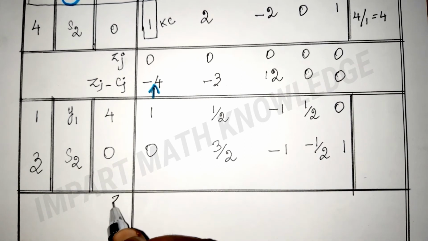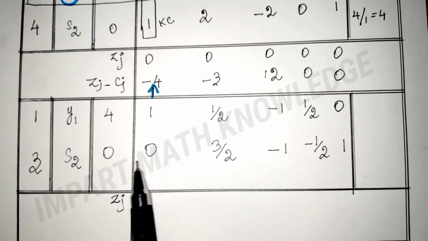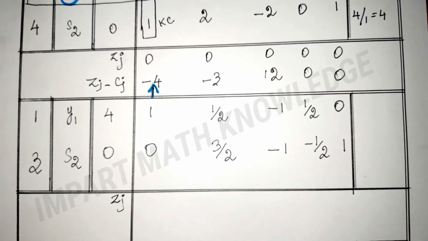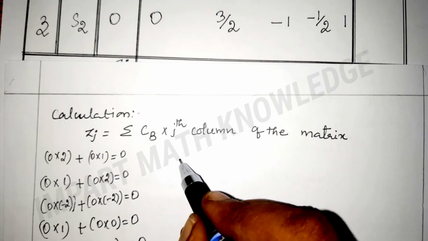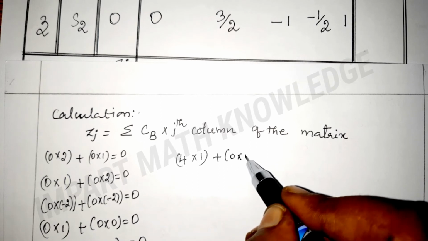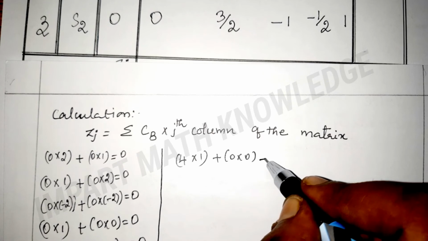Now we move on to Zj. Zj is nothing but 4 into 1 plus 0 into 0. Like that you have to find all the values. Let me write Zj value: 4 into 1 plus 0 into 0, this is equal to 4.